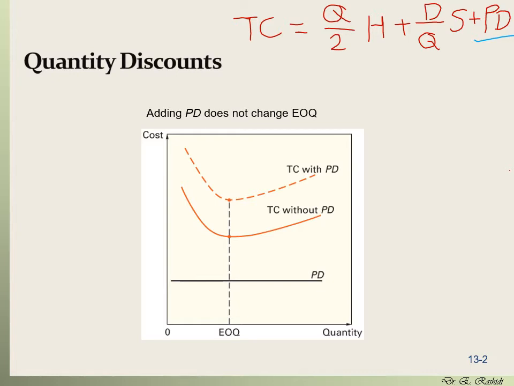So you need to include the purchasing cost, this line that I just drew, so that you can find the optimal quantity. The optimal quantity would be different. It wouldn't necessarily be this point. So let's see how it works.